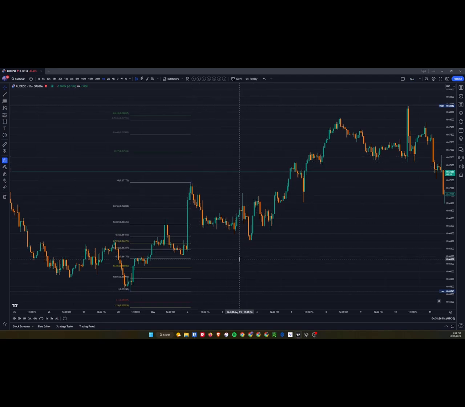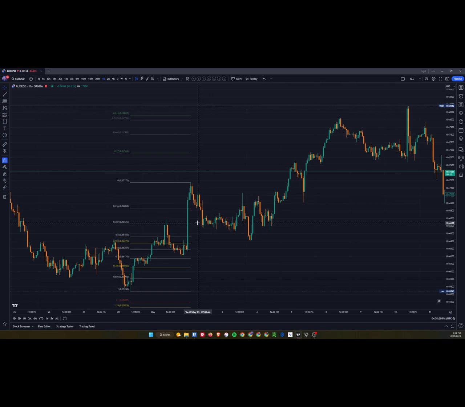retraces, that tells me that it's not as strong and sturdy of a move continuing higher, and the momentum is not as strong. But let's say it only goes down to 0.382.